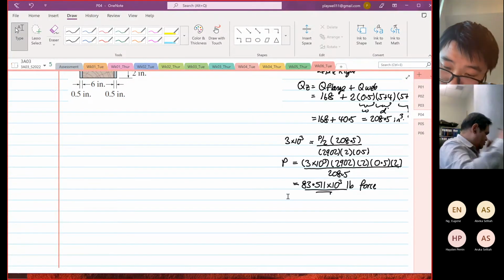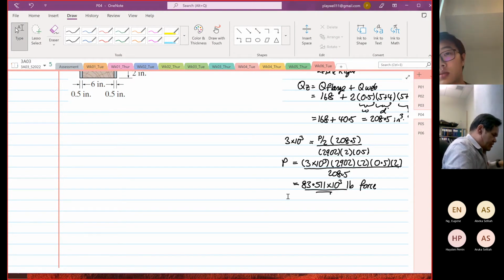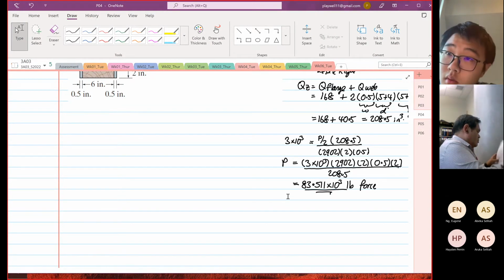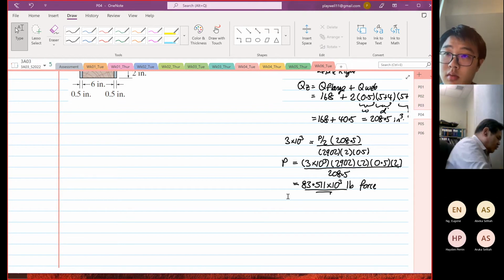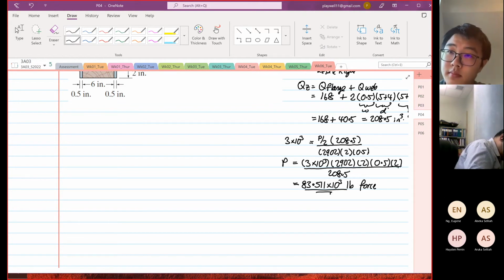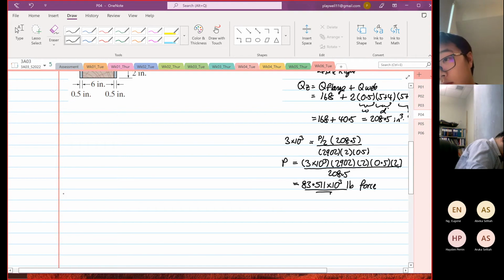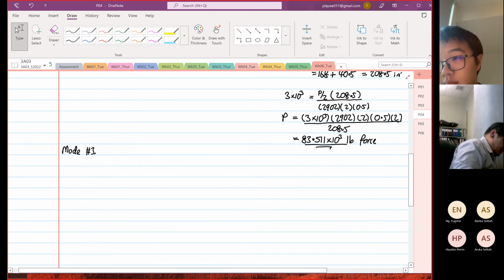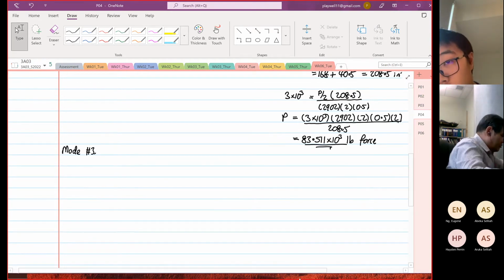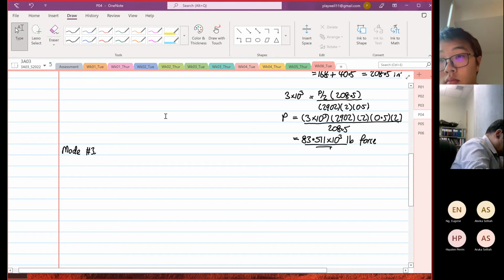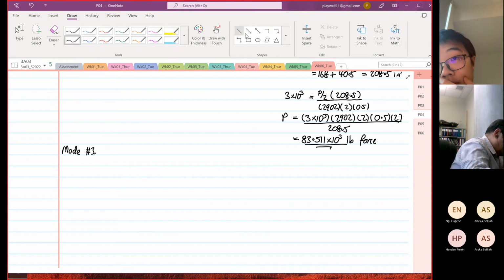Okay, so the last one, we are going to do the failure analysis due to normal stress, bending moment, basically. This is mode 3. So we know that we are to construct our bending moment diagram.